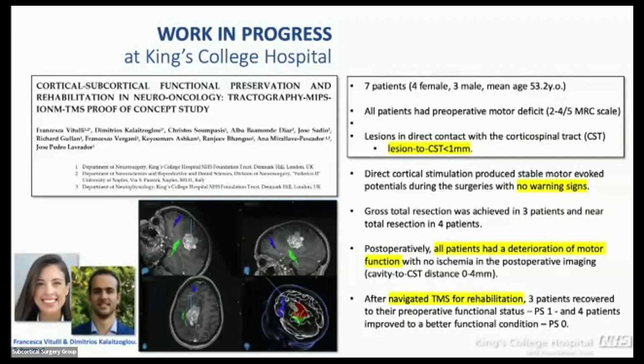In the 7 patients, all of these tumors were very close to the corticospinal tract, less than 1 millimeter. All these patients woke up with motor deficits. 3 out of 7 improved back to their preoperative functional status, and 4 of them actually improved even further to a performance status of 0.